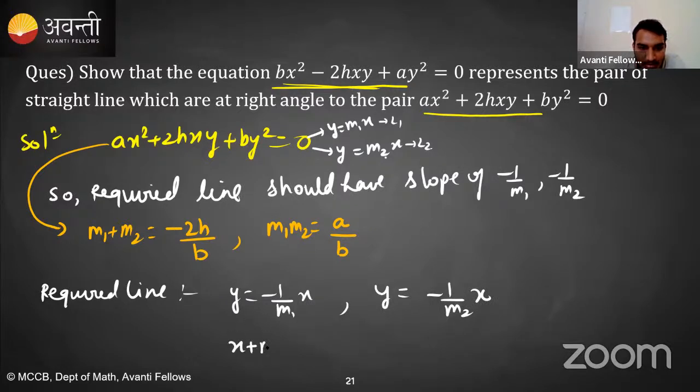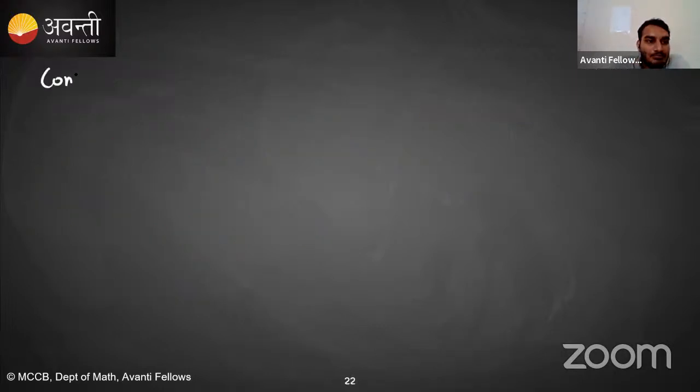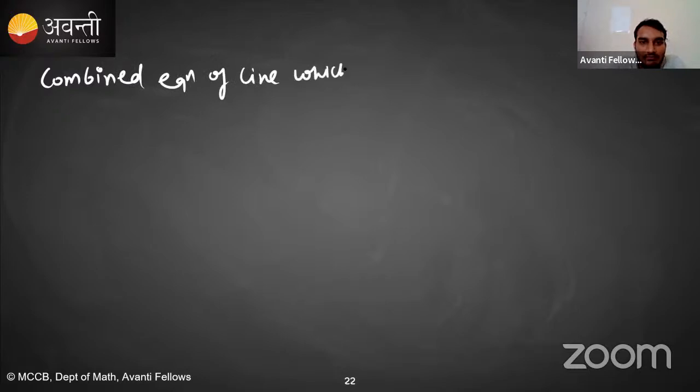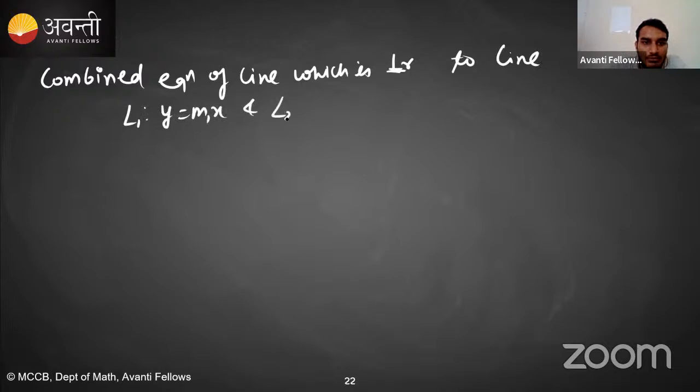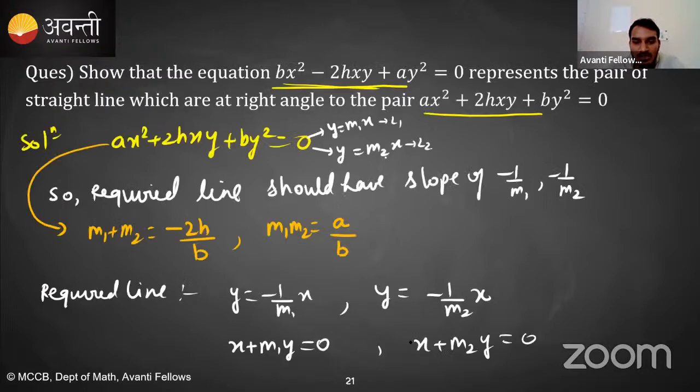So what are these lines? This is nothing but x plus m1y is equal to 0, and the other is x plus m2y is equal to 0. Clear? So the combined equation of the lines which are perpendicular to line L1, which is y is equal to m1x, and L2, which is y is equal to m2x, is nothing but the product of these two lines.